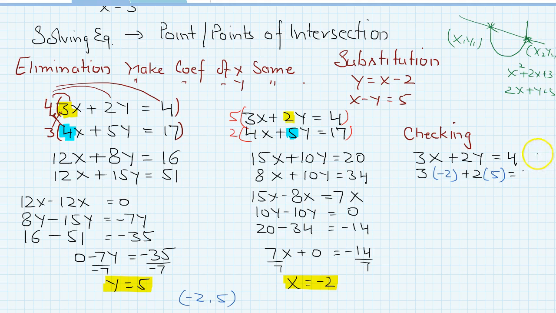That is what we have to get, whether we are going to get 4 or not. So 3 times 2 is negative 6 plus 10 is equal to 4. 10 minus 6 is 4, which is equal to 4. So this is true. So our answer or the coordinates are correct.